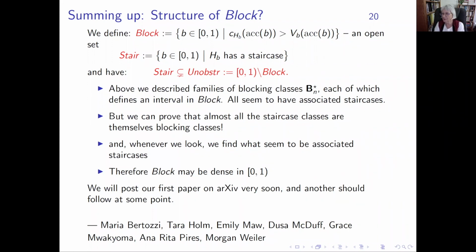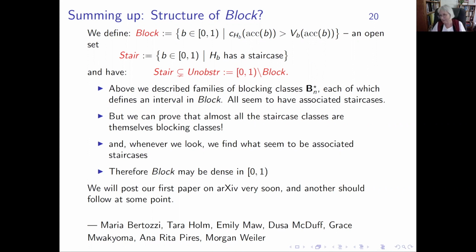But what you might do, if it's really true that all the staircase classes are perfect blocking classes, then at the end of each staircase class, say you've got two staircase classes, one above the other, for one thing those blocked intervals are disjoint, and it's unobstructed at the end of each of those intervals. And therefore, you might be able to find a sequence of values of Bn tending to B infinity for which there are full fillings. Right, you won't be able to fully fill B infinity itself.